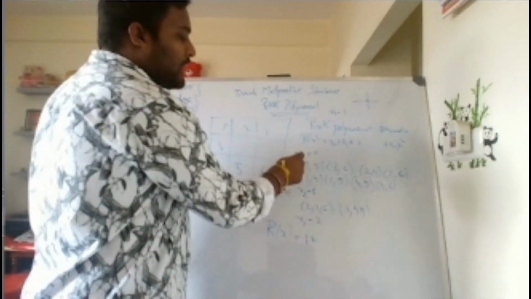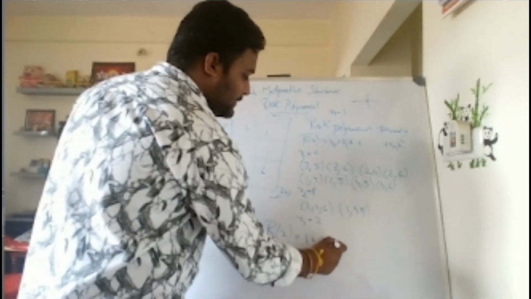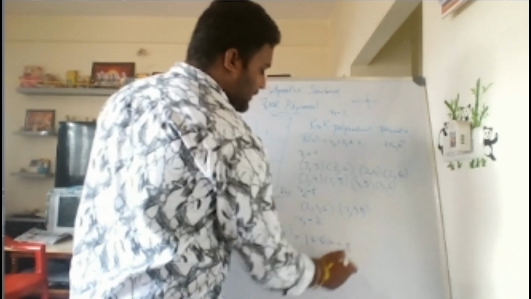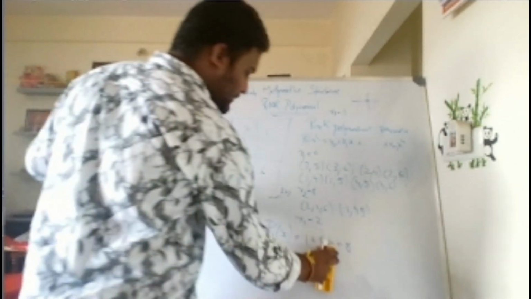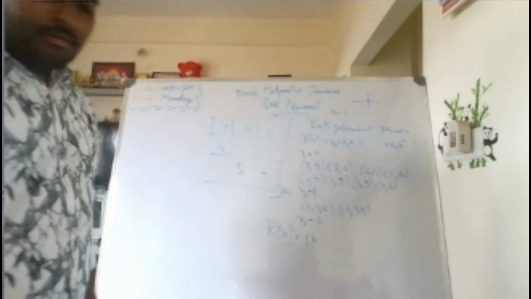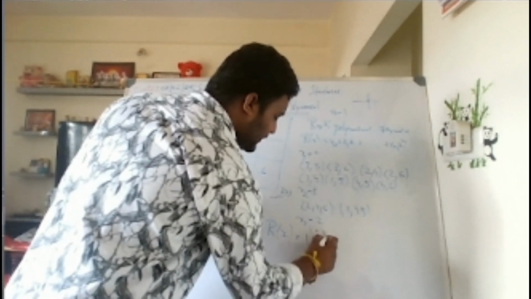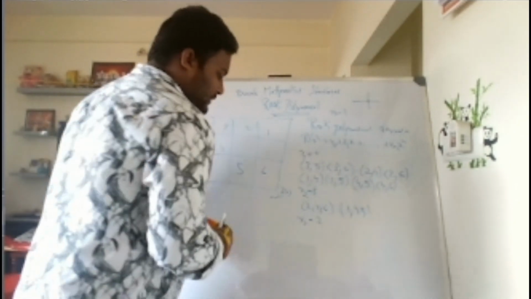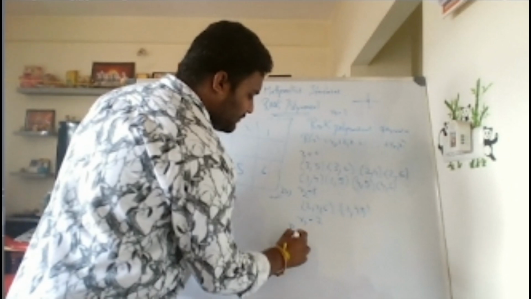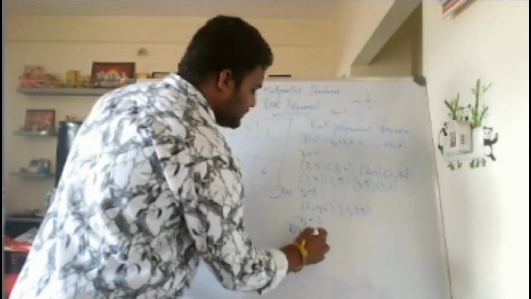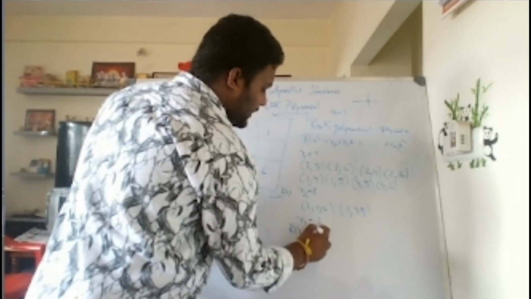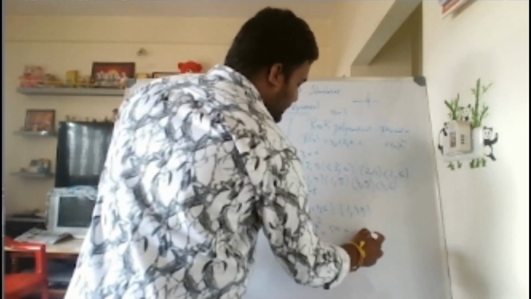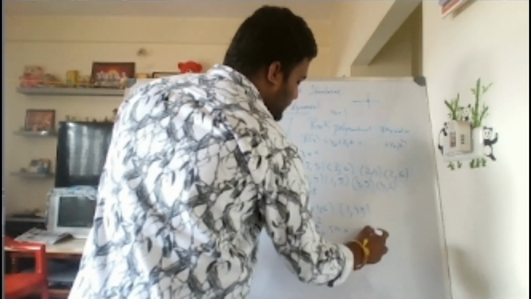So we have directly taken r1 as 6x, plus r2 as 8, where the formula of the rook polynomial R of x equals r0 plus r1 x plus, up to rn x to the power n.